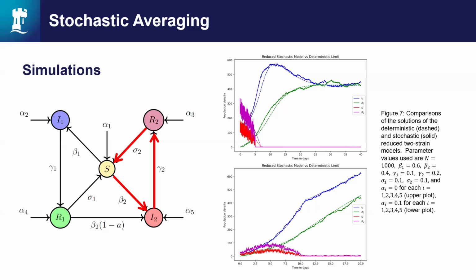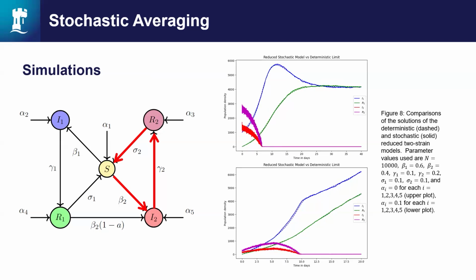That's the average of those big fluctuations. Okay, so we see that as we increase our system size, our fluctuations are getting smaller and smaller, and our Markov chain model follows the solutions of our reduced ODE much more closely.